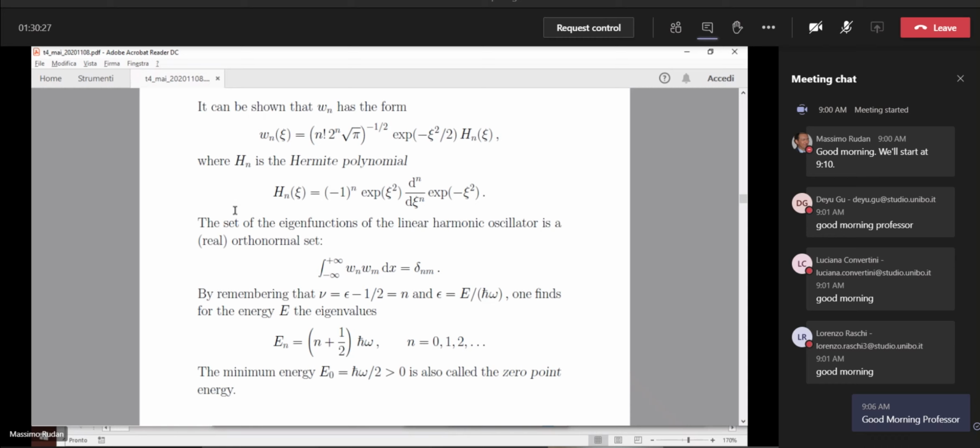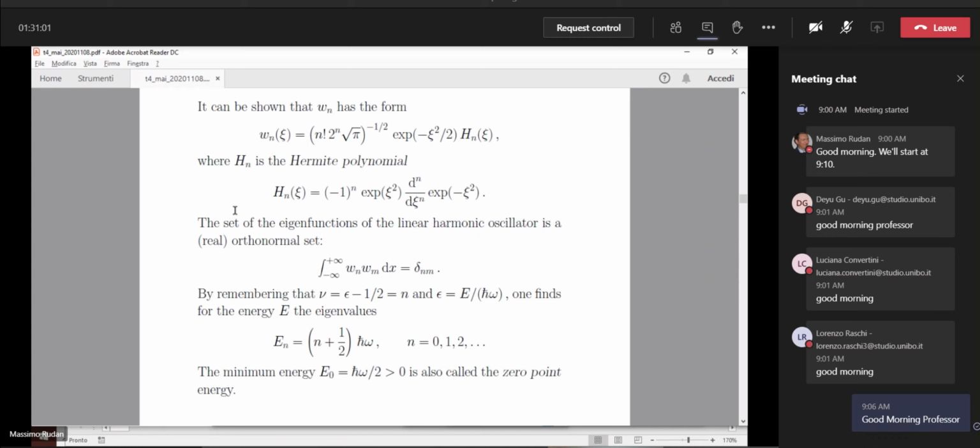So by reversing these relations, we find eventually the eigenvalues of the linear harmonic oscillator, and they are indicated with E sub n because they depend on the integer n, and they are equal to n plus 1/2 times h bar omega, in which n goes from 0 to 1, etc., up in the ladder.